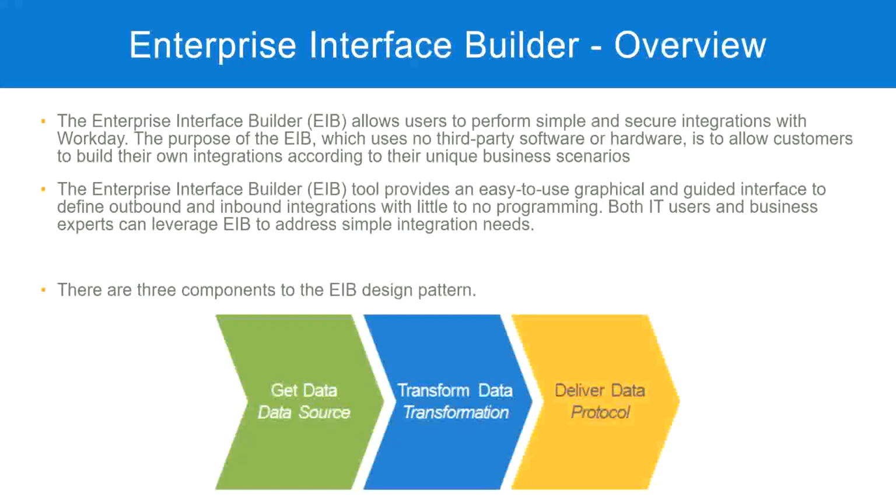That is something we have to configure. Do we need transformation? If yes, configure that. If no, leave it blank. And then deliver the data: how are we going to send the data to an external system? We have to configure that as well. Once we do these 3 steps, our EIB is ready. We are going to start exchanging information from Workday with an external system.